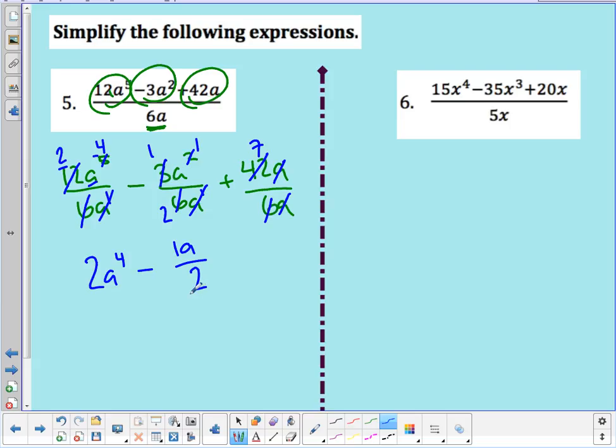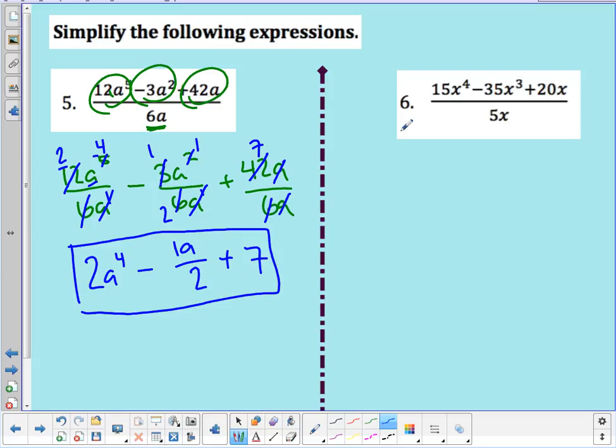It's not 2, it's 1/2. The 3 over 6, the 6 was on the bottom, so be very careful when you write that. And then in the last one, I'm left with just a 7. And by the way, none of those are like terms because I have an a to the 4th, an a to the 1st, and a constant with no a. So I can't combine any of those. That's as simplified as it can get.